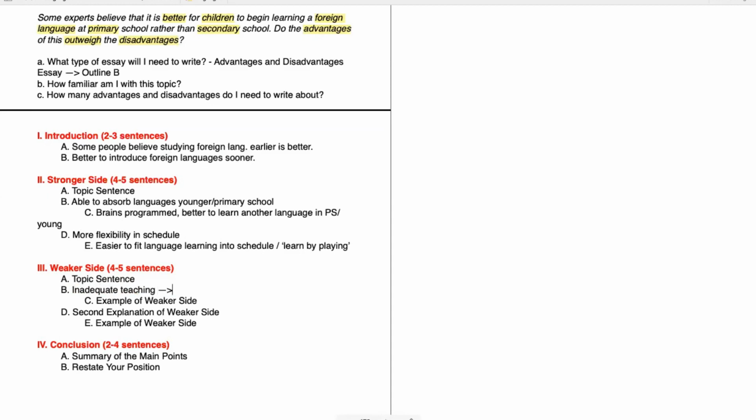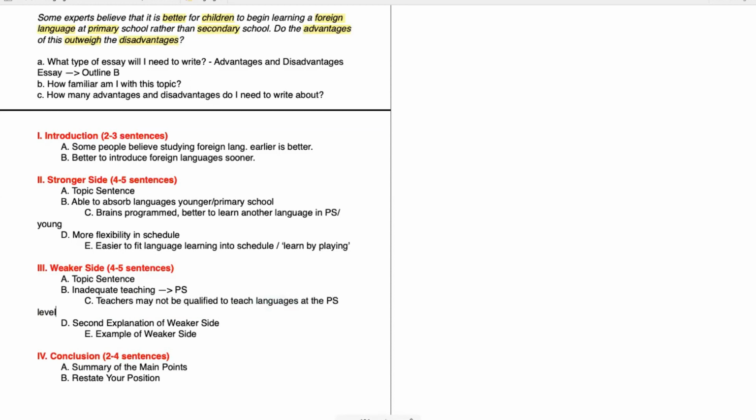And I'm going to say that this could be present in primary schools. So as an example, I could say, teachers may not be qualified to teach languages at the primary school level. So perhaps they are more qualified to teach math and reading, spelling, basic subjects. This is just a thought.